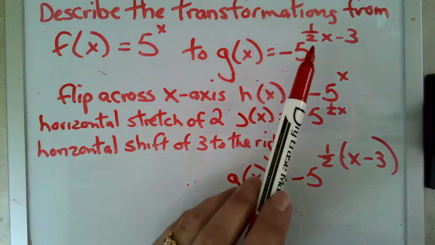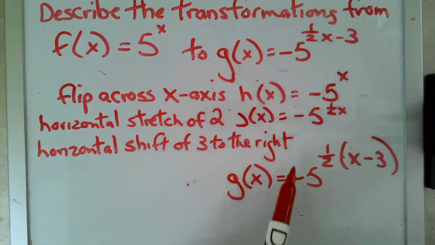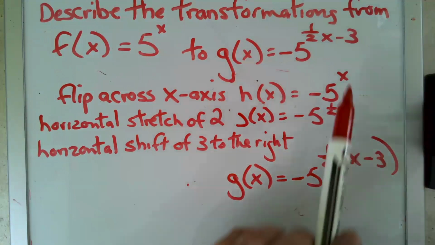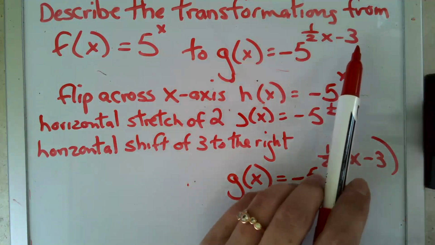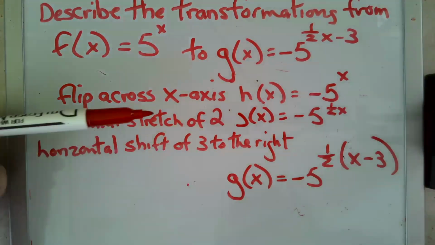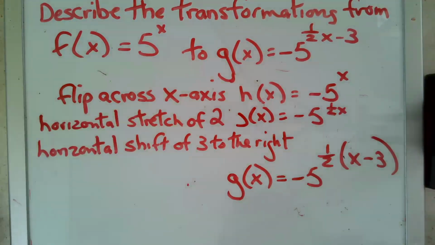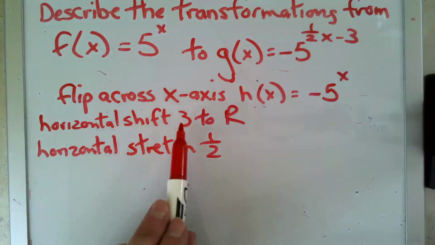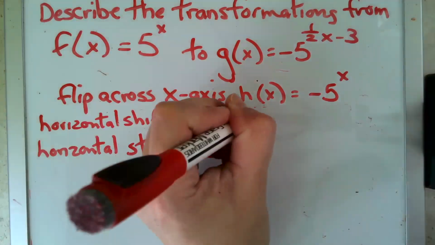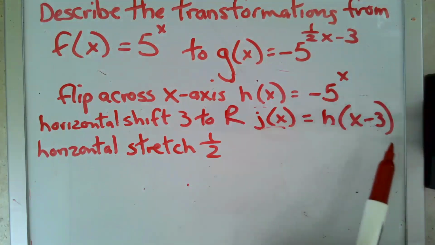Is that the same thing? It is not. When we take our 1/2 and apply it to both terms, this does not give us 3. This gives us 3/2. The easy way to fix this is to reverse these two steps. A horizontal shift of 3 to the right next would make our j of x become h of x minus 3.